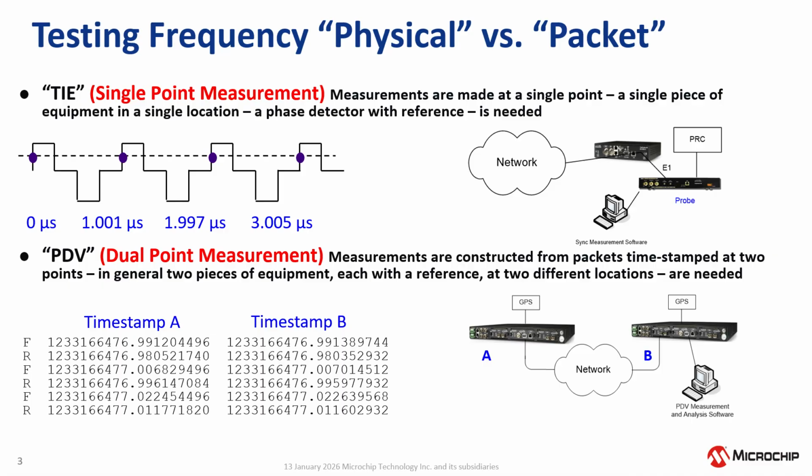In the lower part of the slide, you see a series of timestamps, F representing the forward direction, R representing the reverse direction. So for example, in the case of the first timestamp, there is a packet timed at point A in the diagram in the lower right.